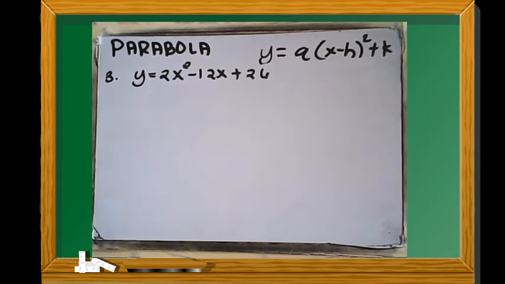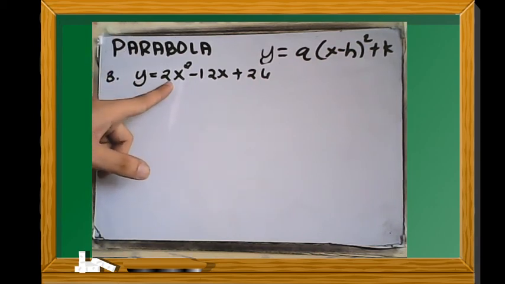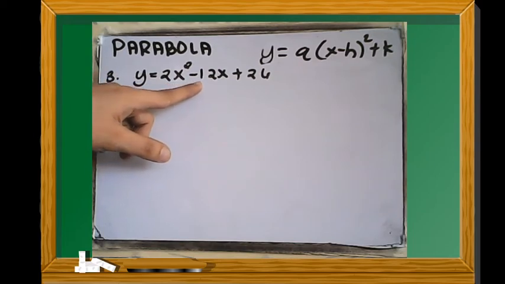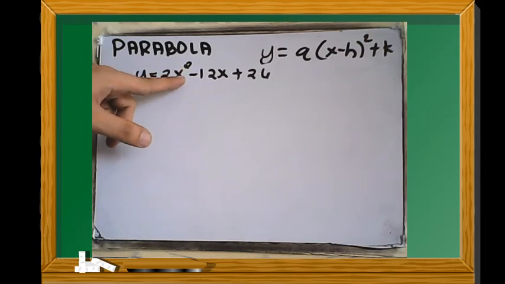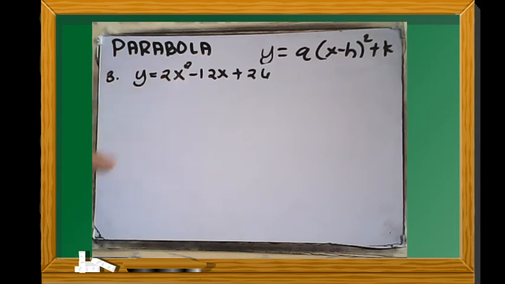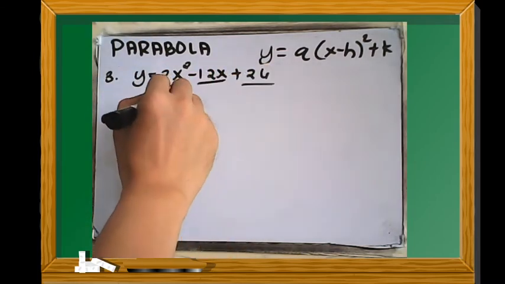So, first step, kung ano yung coefficient ni variable with degree 2, i-divide natin all terms by coefficient niya. So dito, ito yung x or yung variable na may degree 2 at ang katabi niya ay 2. So we will divide all terms by 2.